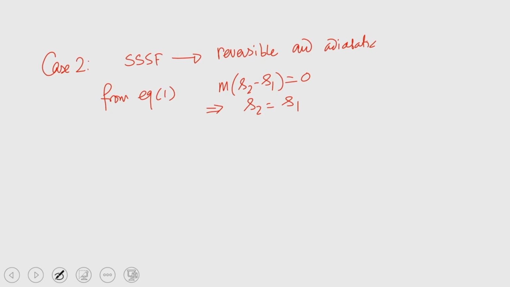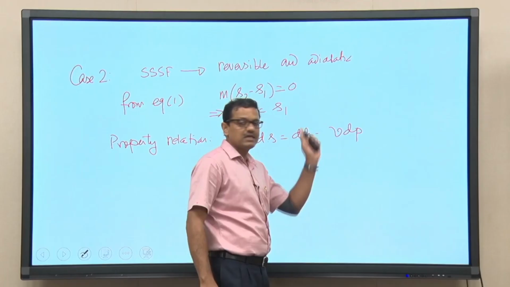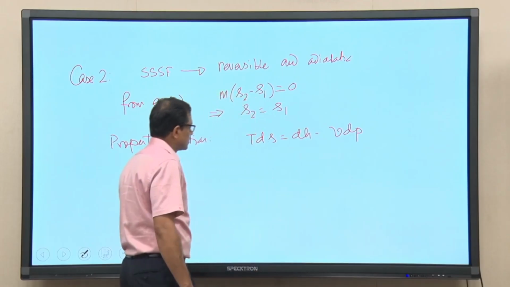Now, which property relation will be used? TdS equal to dH minus VdP. Why? Because this is a flow process in which pressure is changing. TdS is equal to dU plus PdV is applicable to any process, but in this particular process we are writing TdS equal to dH minus VdP because pressure is changing from state 1 to state 2.